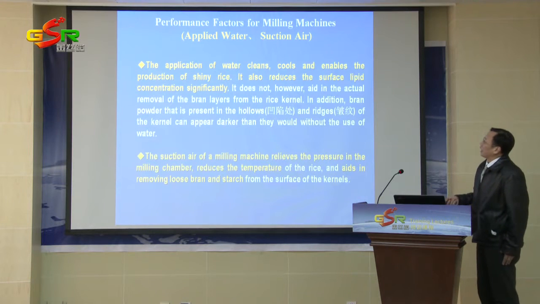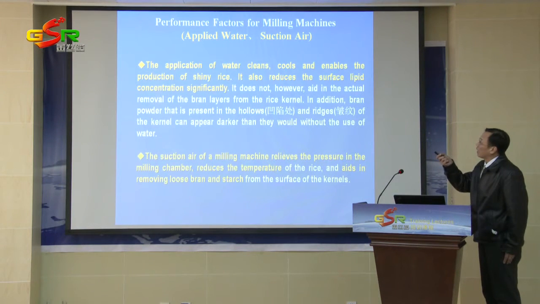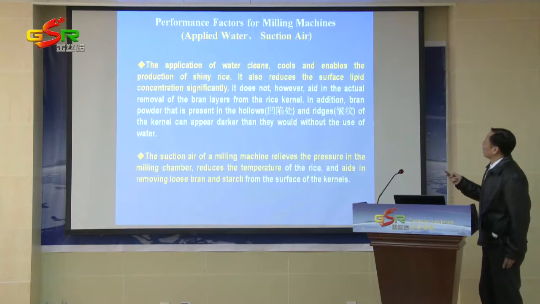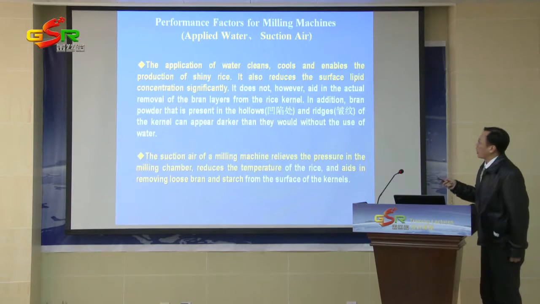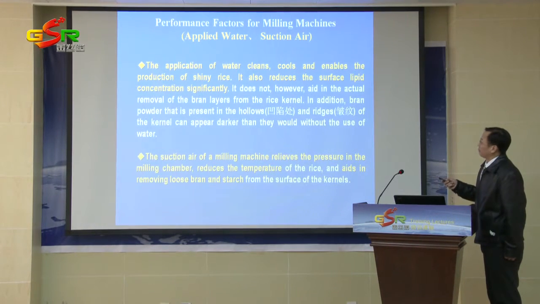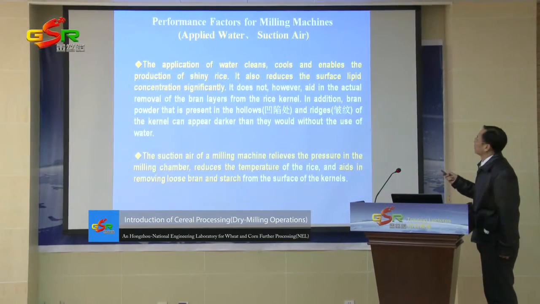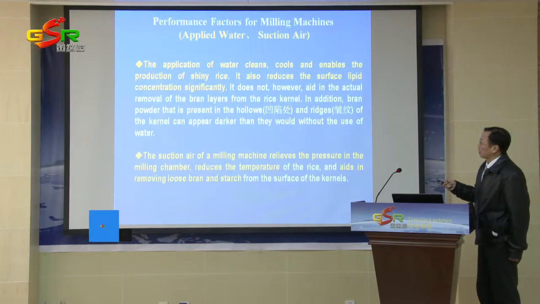And sometimes, if we want to get the ideal final product, white rice, we should also use water and air to clean and cool, which enables the production of shining rice. Water and air also reduce the surface lipid concentration significantly.